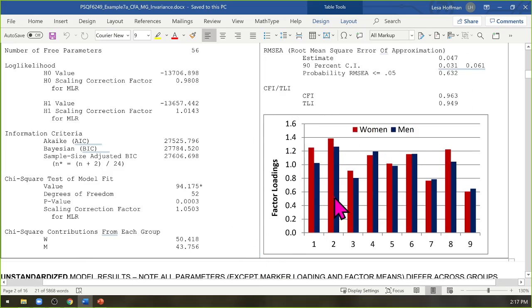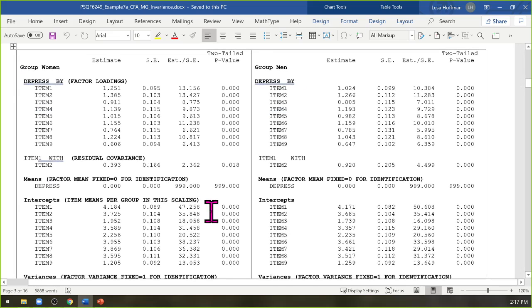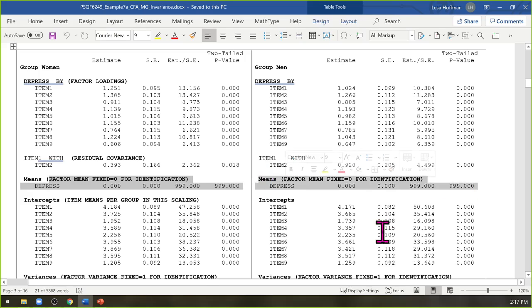And I made a picture for you of what the loadings look like out of this configural model. So here is the solution for the two groups. The solution for the women is shown on the left. The solution for the men is shown on the right. And let me point out the scaling of the model here. Both groups have a factor mean of 0.